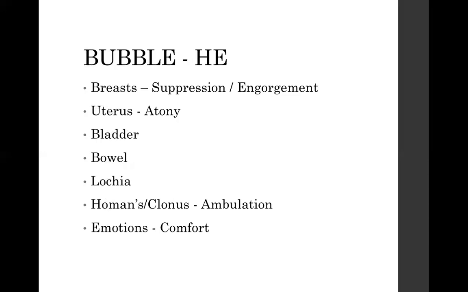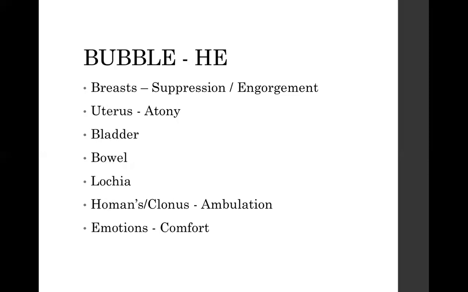Homan sign and clonus, and then ambulation. So this is our H. Homan sign, we really want to assess for DVT. We're going to take a look at her legs, make sure there's no warm spots, no red spots, particularly in her calf area, and we can perform Homan sign and have her lift her foot back and see if she has any pain.